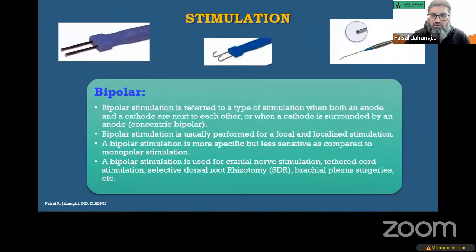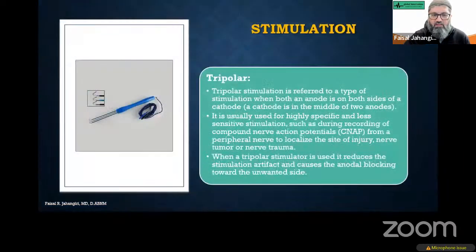If both anode and cathode are on top of the nerve or stimulation area, then it is a bipolar stimulation. Bipolar stimulation can be a bipolar straight ball tip, a hook electrode, or a concentric electrode where the cathode is in the middle and the anode is surrounding it. So it has to be a very precise electrode.